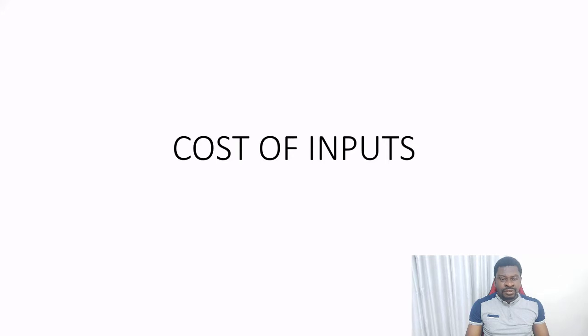The third reason is the cost of inputs, which is tied to devaluation and the monetary system. Now look at it. A farmer that farms oranges or mango, you may say that devaluation should not have an effect on it.